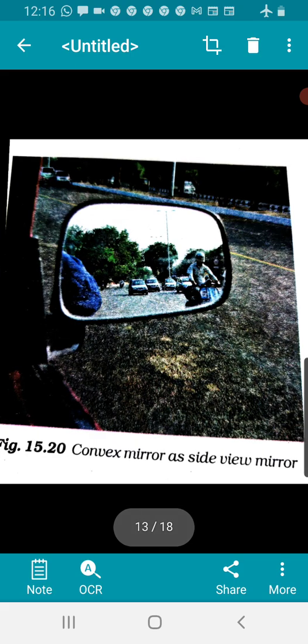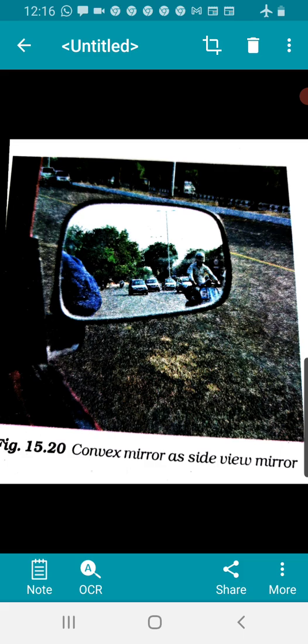So now, what are the uses of the convex mirror? The convex mirror is always used as the rear view mirror or side mirror in vehicles. They are used as staircase mirrors on the double-decker buses. So why are these convex mirrors used?